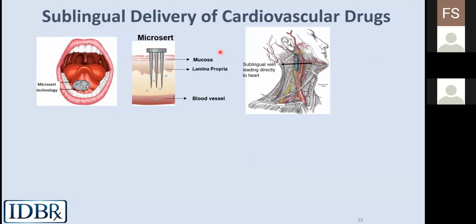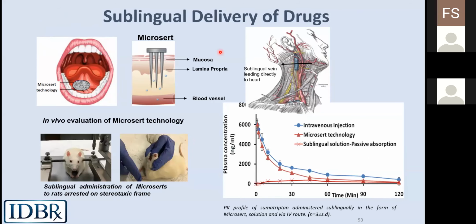This was funded by BIRAC under the Biotechnology Ignition Grant. So she incorporated nitroglycerin into this, and she prepared the microneedles and tested in vitro and in vivo, and she got some very excellent results. And this is one of the previous data that we had generated using sumatriptan.